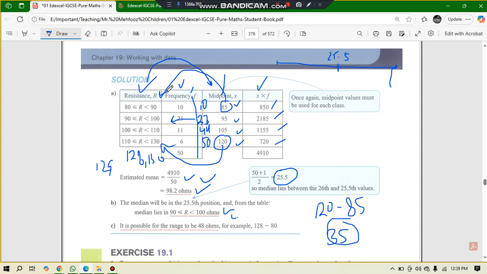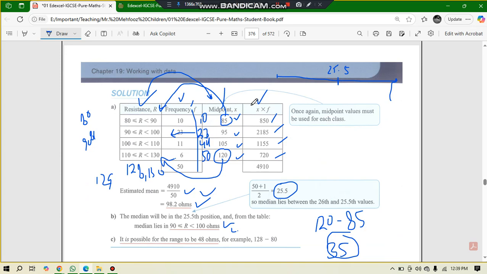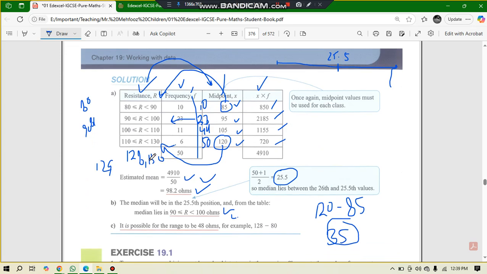We can also use 80, we can also use 90, we can also use 81. It's up to you, but here it is given that 48, so 48 can be arranged. Yes, it can be arranged if we use 128 in the higher class and 80 in the lower class. So the difference will be 48.